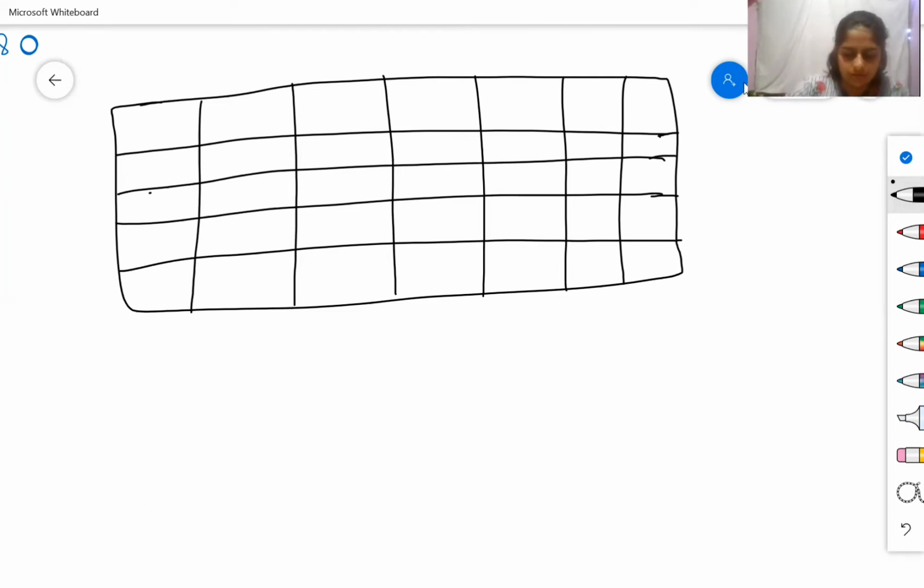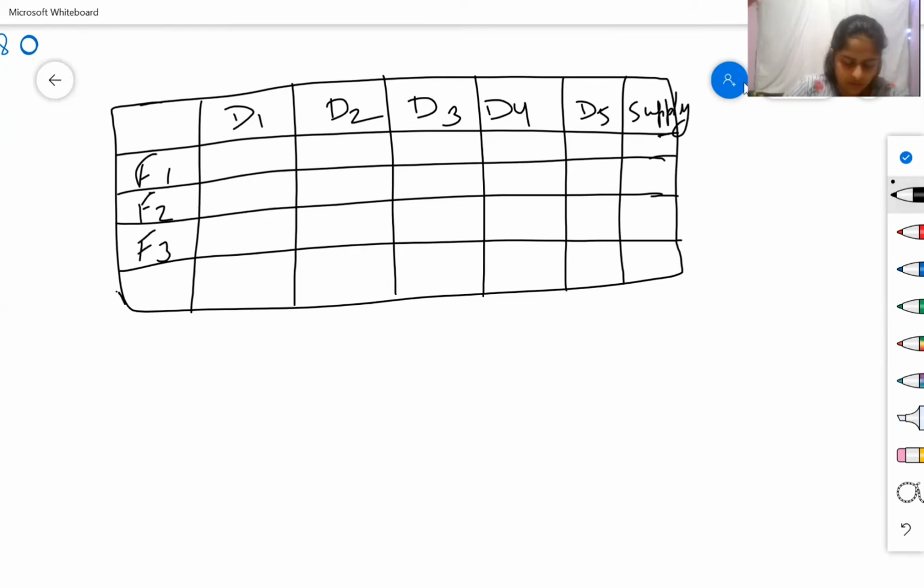So here we have destination 1, destination 2, destination 3, destination 4 and destination 5. We have 5 destinations here and supply, and we have factory 1, factory 2, factory 3 and demand.